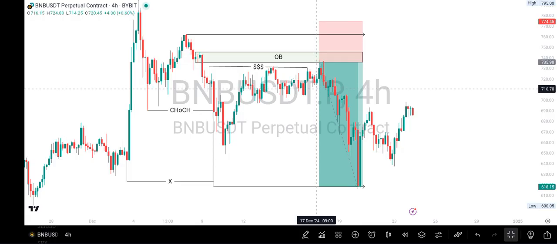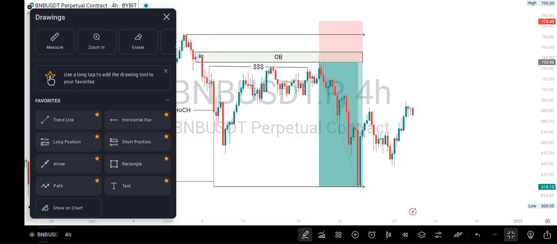If you go down to the lower time frame, you see that this small move on this 4 hour time frame is a bigger move on the smaller time frame, like 30 minutes, 15 minutes, or 5 minutes. So traders would like to take a short position from this rejection area.